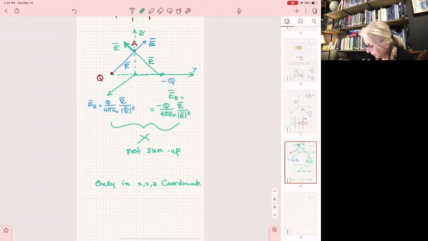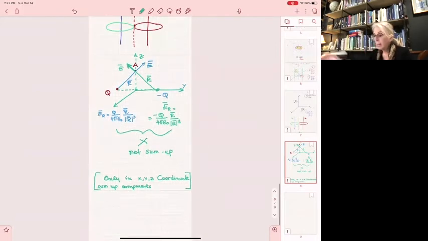Only there can you sum up components. So you have to move there. And if it's up to you to set the coordinate system, then you set it in a way that simplifies things for you.